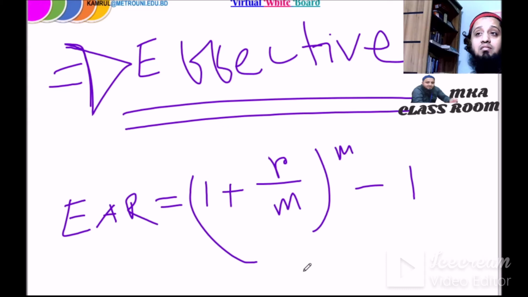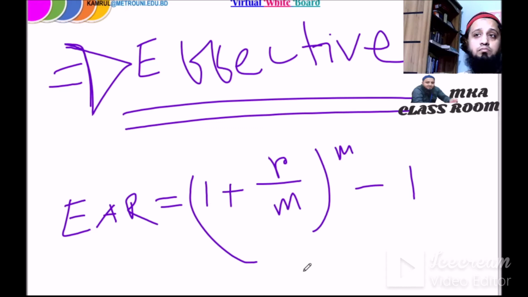So, in the previous example we have seen a 10% interest rate compounded quarterly. So, our quoted interest rate is 10%.